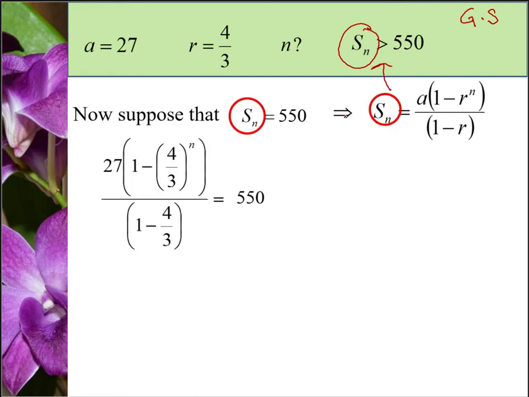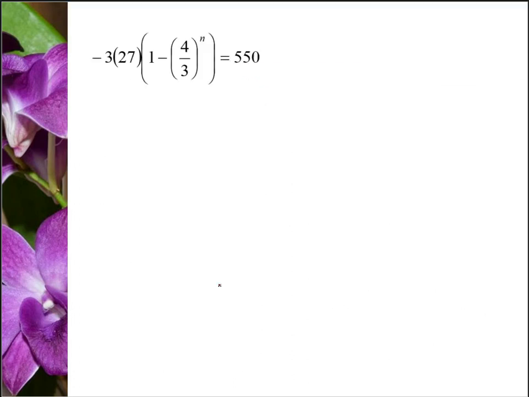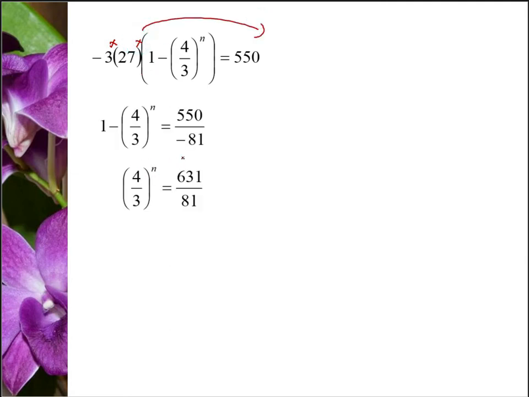To simplify your working, let's first ignore the inequality sign and just equate it to 550. You substitute in your a and r into the formula, and then you simplify. Since all of this is multiplied together, when you bring it to the left side, you divide all of these numbers. Once you have reached this step, this is solving the index problem, the same as the previous example.